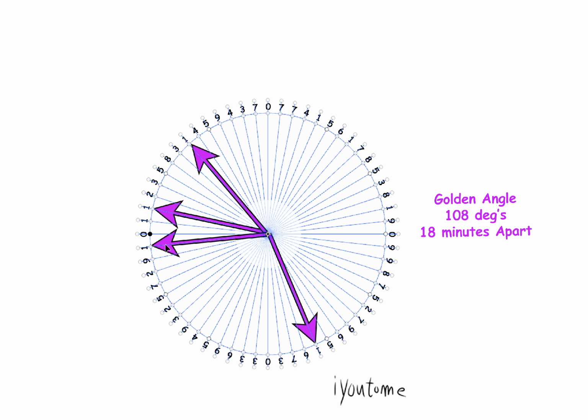So right here you can see the next one comes at 108 degrees apart. This is 18. 1, 2, 3, 4, 5, 6, 7, 8, 9, 10, 11, 12, 13, 14, 15, 16, 17, 18. I counted wrong. So 18 times 6 degrees is 108.